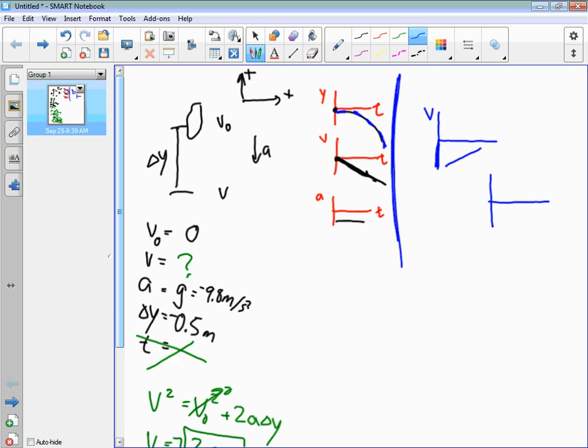So it would be positive, and then this would be what we call the peak. The peak is at the highest point. Is it going to go up any higher? No. Has it started to fall back down yet? No. So for just a split second, the velocity is 0. I'm not saying the water bottle gets stuck. I'm saying for a split second, it's 0.